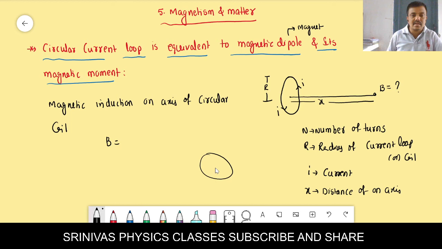Magnetic induction at the center of the circular loop is mu naught I by 2R. Exactly correct formula. But on the axis, there is some other formula in terms of x also. Somebody?